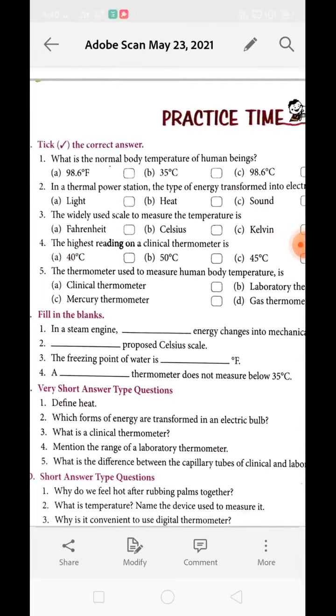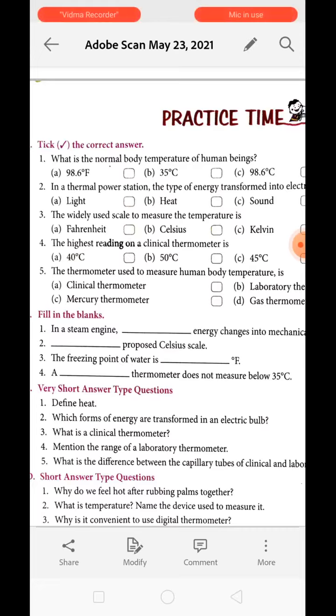In a thermal power station, the type of energy transformed into electrical energy is heat energy. So option B is the correct one. Third question: a widely used scale to measure temperature is Fahrenheit or Celsius? Actually, we use both Fahrenheit and Celsius, but the widely used scale to measure temperature in general is Celsius.